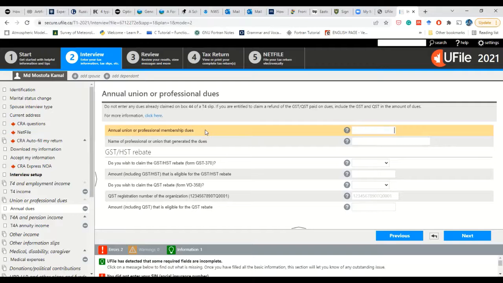That information is not reported in our T4 tax return. So for similar cases, we can write down the name, annual union fee, graduate student association fees, and then the number we paid here. That $36, you can report it here.